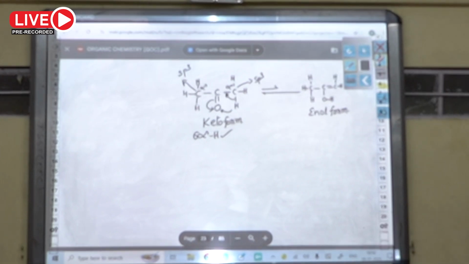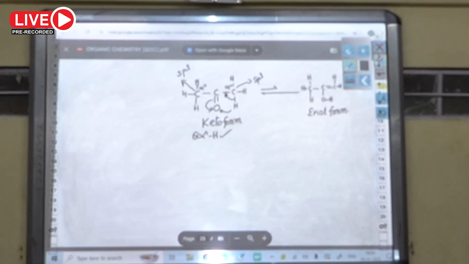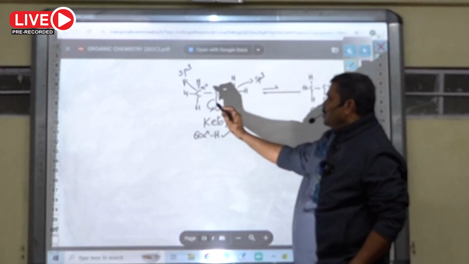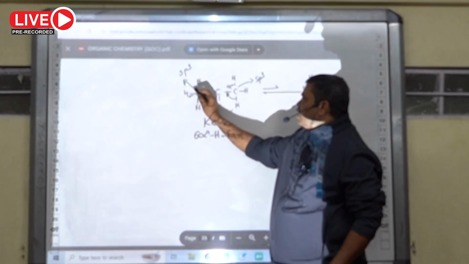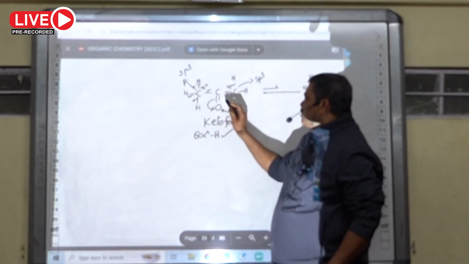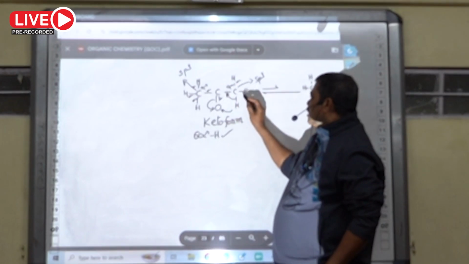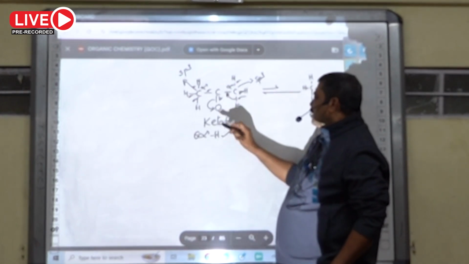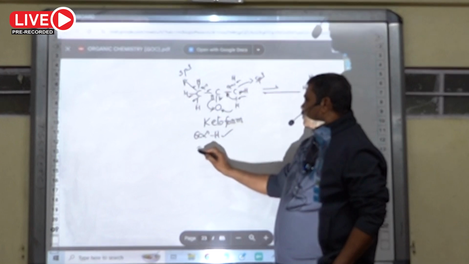You need not waste time converting acetone into its enol form and counting. Directly take acetone. How many sigma bonds are there? 9 sigma and 1 pi.